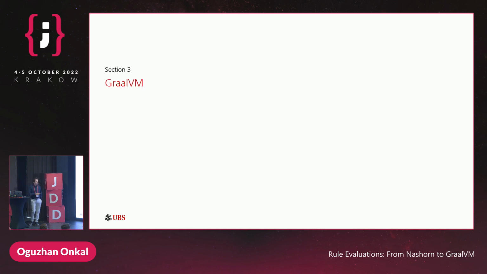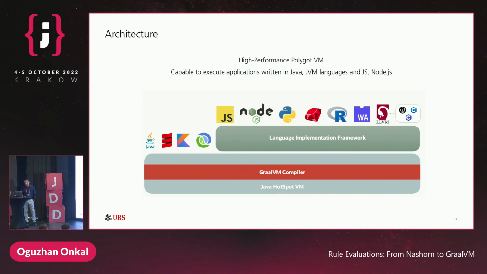So now let's also take a look at GraalVM. So we have the Nashorn. It was in Java 8, but it was removed with Java 15. And now there is another option, actually, which is GraalVM, which we can use.